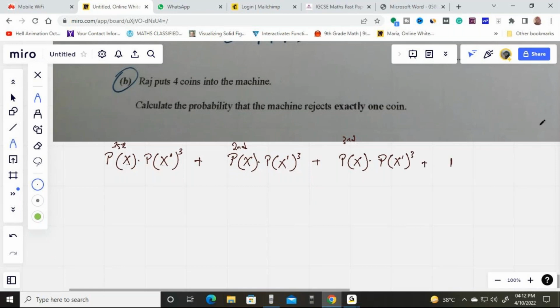Plus the fourth coin can be rejected and the remaining ones are accepted. So entirely you have 4 times p of x multiplied by p of x prime whole cube. It's whole cube actually.